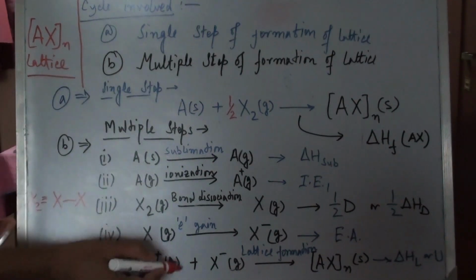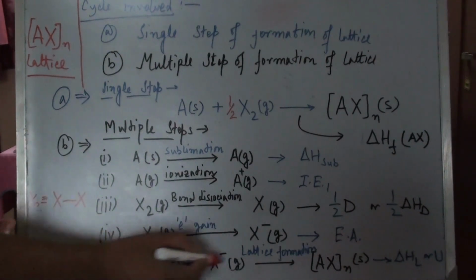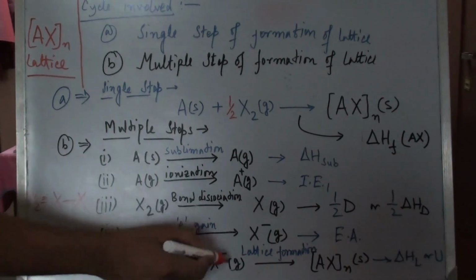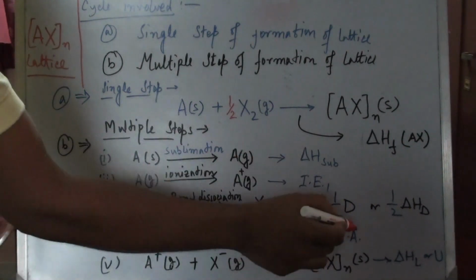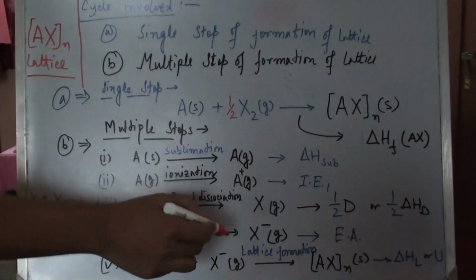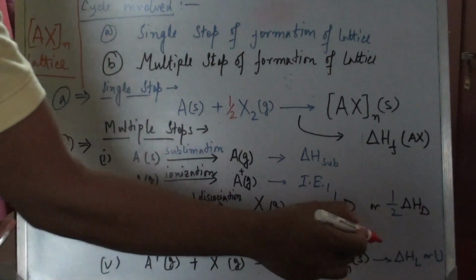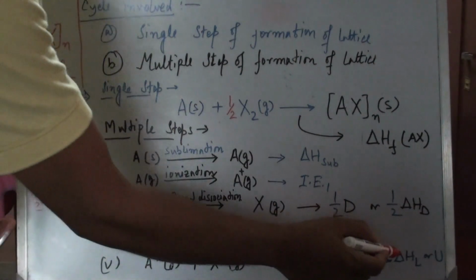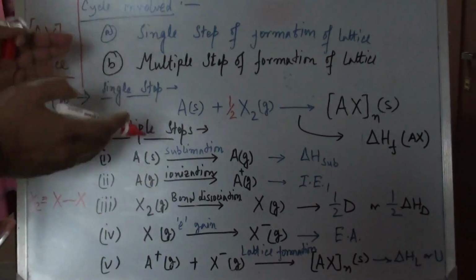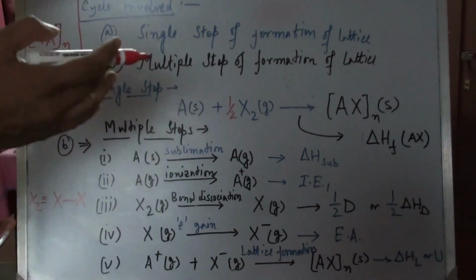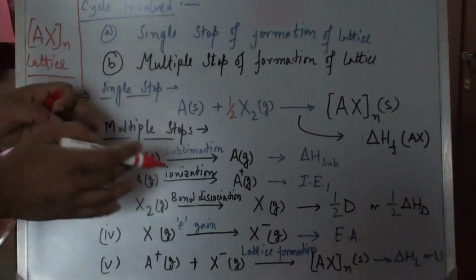Now we have produced A plus in gaseous state and X minus in gaseous state, and by combining these two ions we can produce AX lattice in solid state. The large amount of energy released in this process is called lattice enthalpy, delta HL or U. So these single step and multiple steps are involved in this thermodynamical process called the Born-Haber cycle.